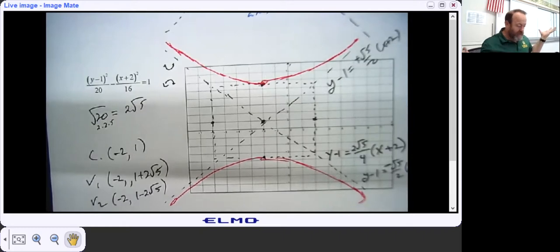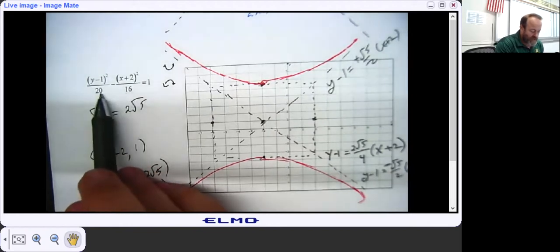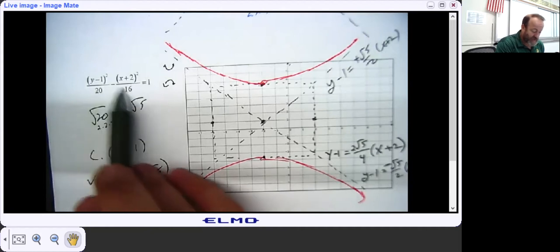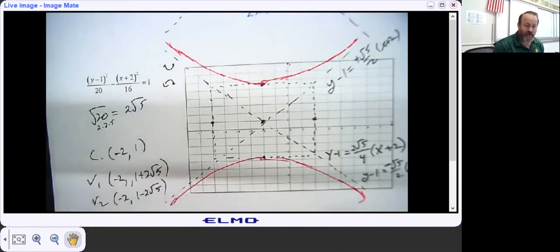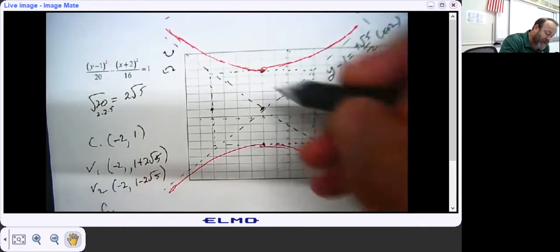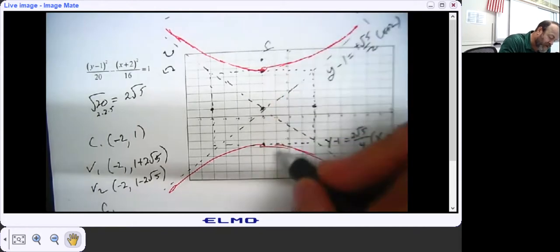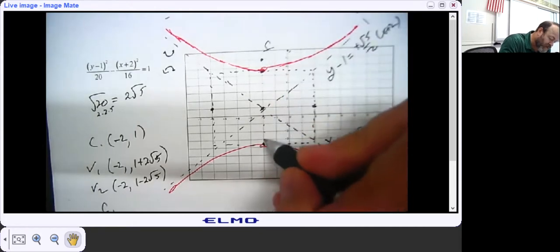And I guess the only thing left to do is talking about my foci. Now again, 20 and 16, in this case, remember in the ellipse you subtract, but since there's a minus we're going to add, that makes 36, but the square root of 36, of course, is 6. So from the center, I'm going to go up 1, 2, 3, 4, 5, 6. There's focus 1. 1, 2, 3, 4, 5, 6.